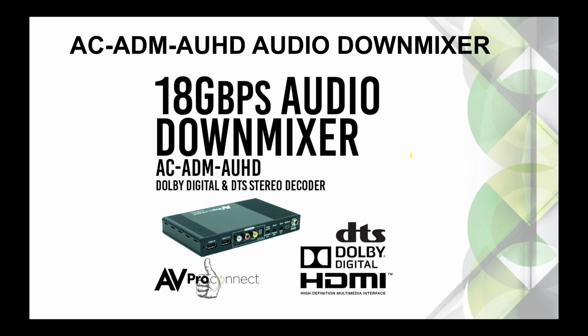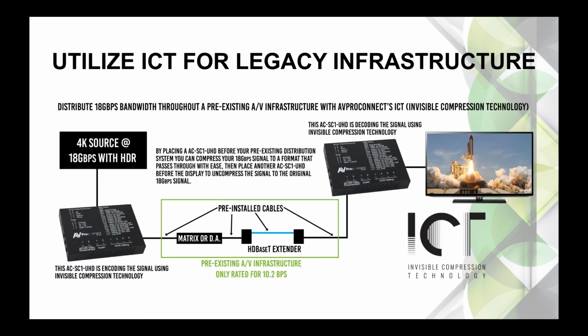Okay, so here's another example of using our fixer EDID miner. The part number is SC1-UHD or AUHD. This is with a pre-installed system. So down here is a matrix or DA. This is an extender, a transmitter and receiver.